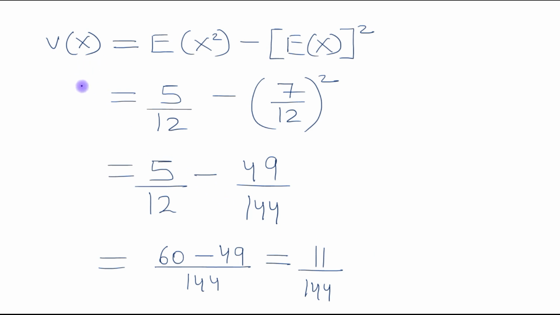So variance of x is 11 upon 144. In the same way you can calculate variance of y, and variance of y will also be 11 upon 144. Okay.